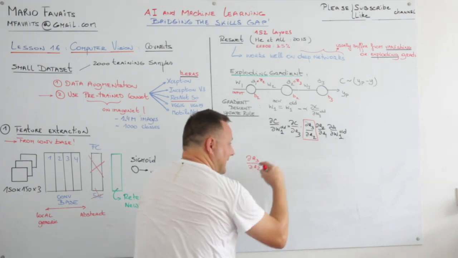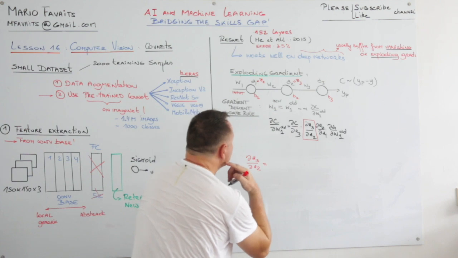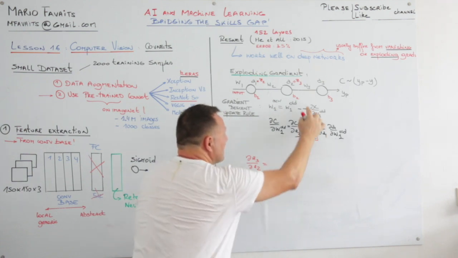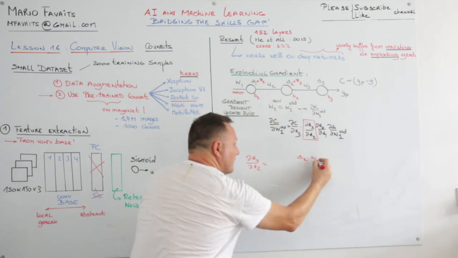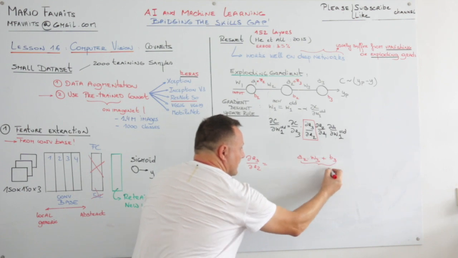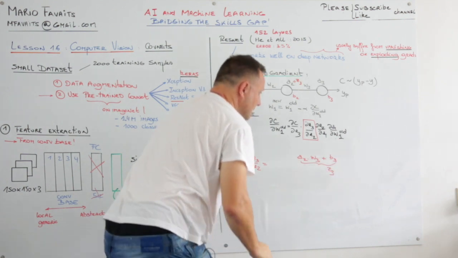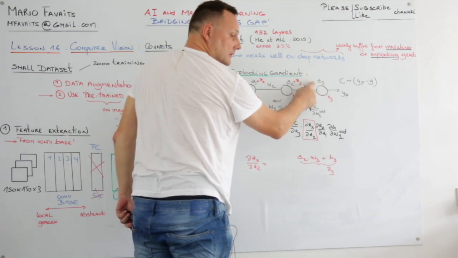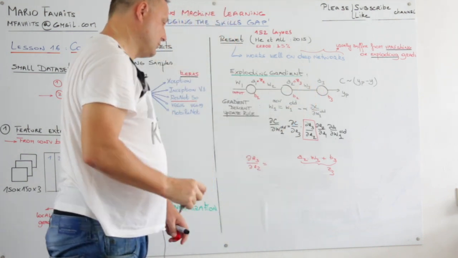I would like to get Z3 in there. So we have A2 times W3 plus B3. This one is Z3. That's what the input is going to the activation A2.